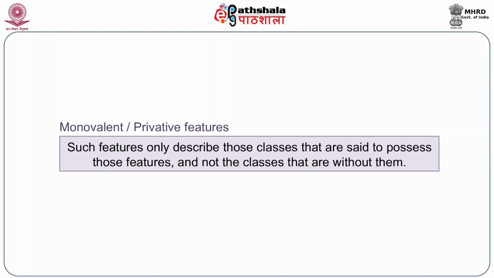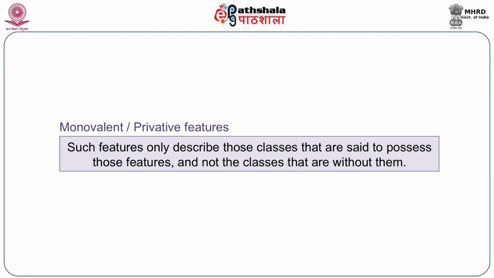A univalent feature describes only those classes which are said to possess a particular parameter. There is no statement about the absence of the features. So in other words, they only express the monovalent value, the plus values of the binary features that we use.